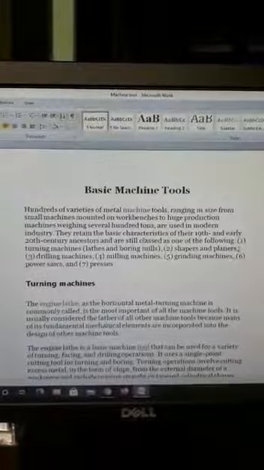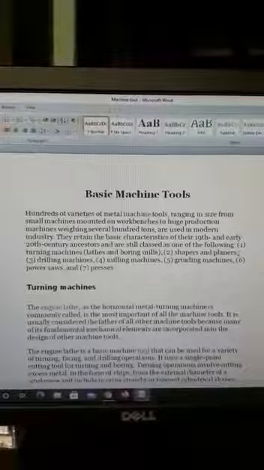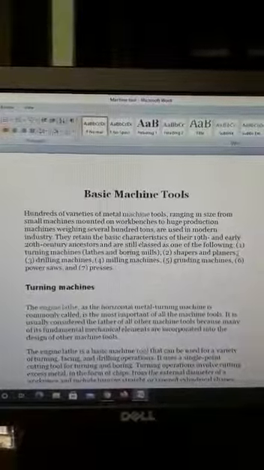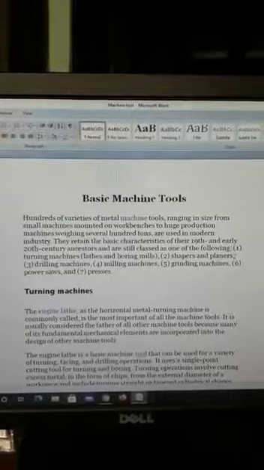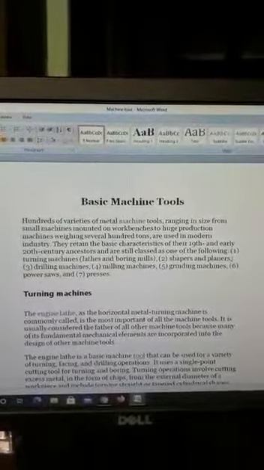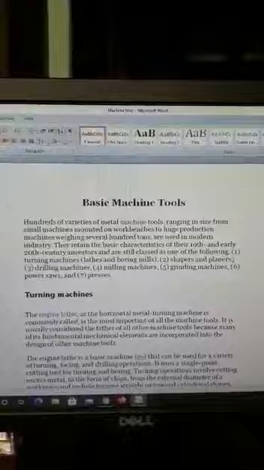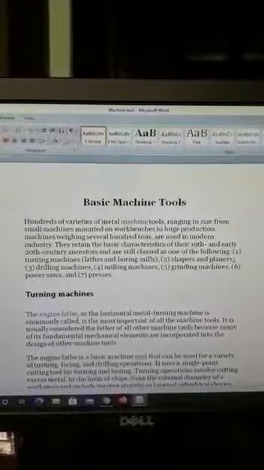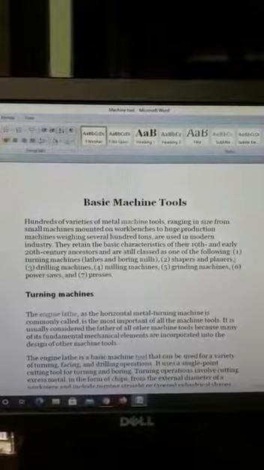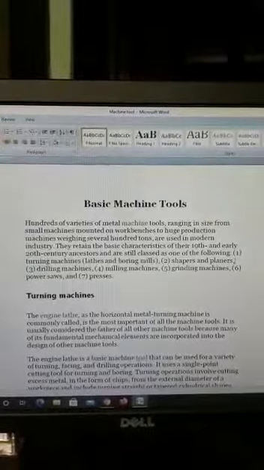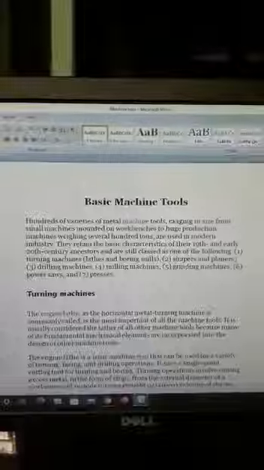They retain the basic characteristics of their nineteenth and early 20th century ancestors and are still classed as one of the following: number one, turning machines, under turning, lathes and boring mills, shapers, planers, drilling machines, milling machines, grinding machines, and power saws and presses. So this is all about the basic machine tools.